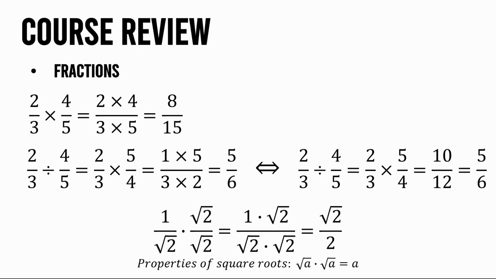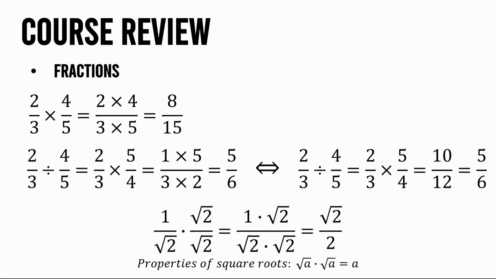To multiply fractions, multiply the numerators together and the denominators together. To divide, invert the second fraction. That is, take the reciprocal of the second fraction, and then multiply.